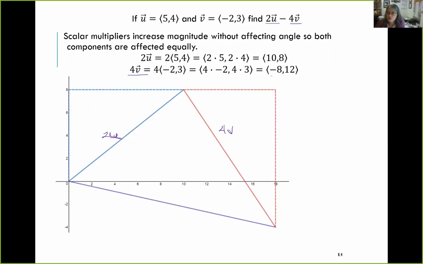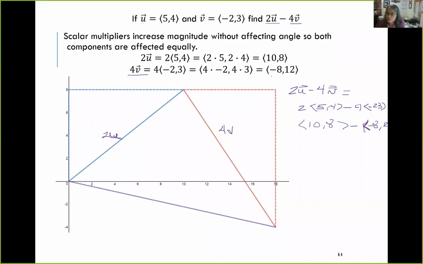So 2u minus 4v is equal to 2 times 5, 4, minus 4 times negative 2, 3, which is 10, 8, minus negative 8, 12.